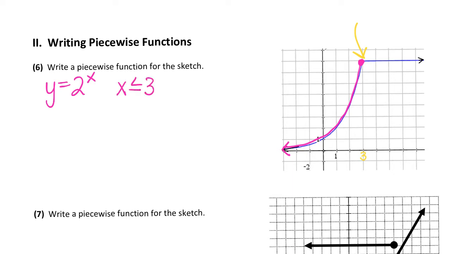Now let's switch gears and look at our next piece. Our next piece will pick up right here at 3. It will go on and on in the positive infinity direction. This is a straight line, so you're probably remembering it from before.